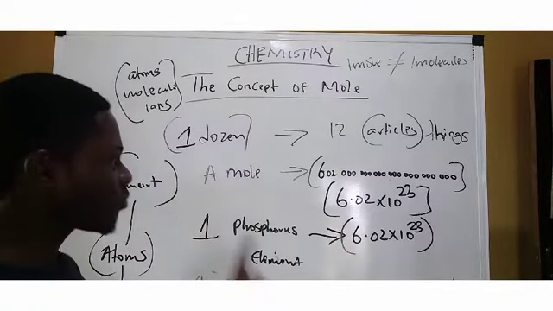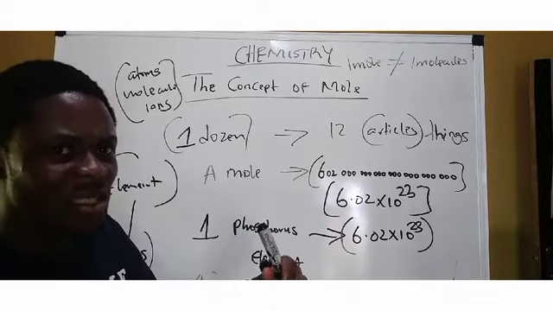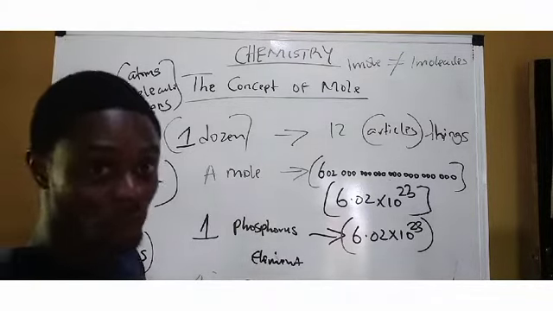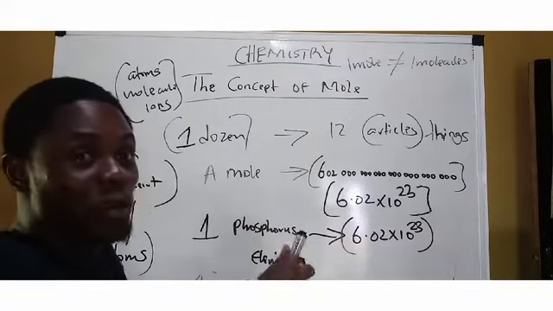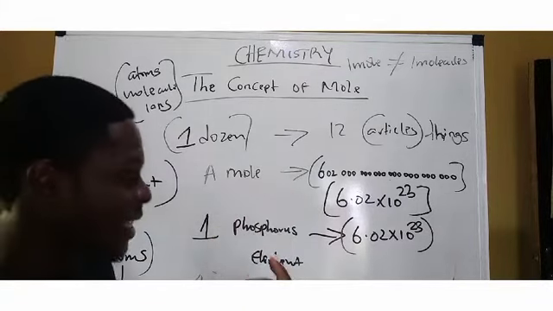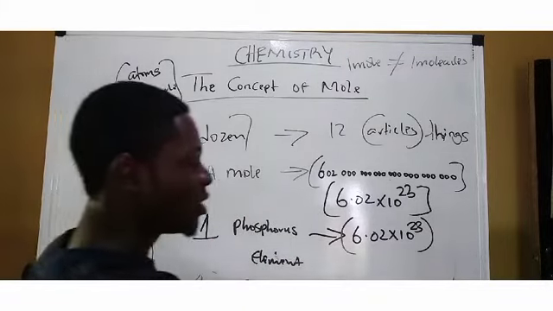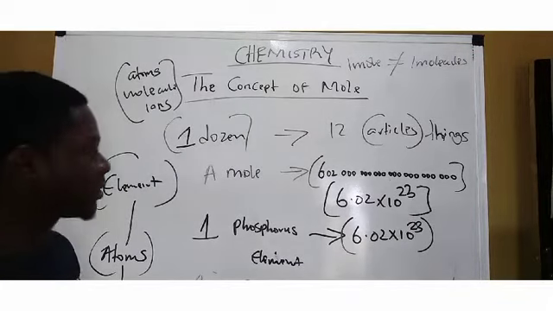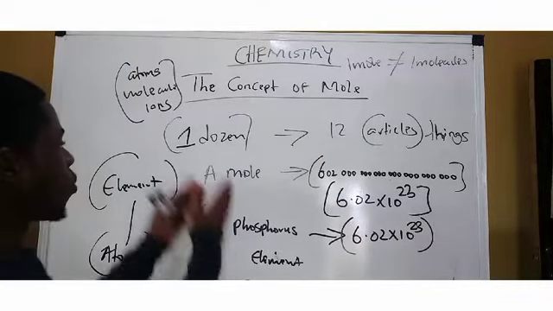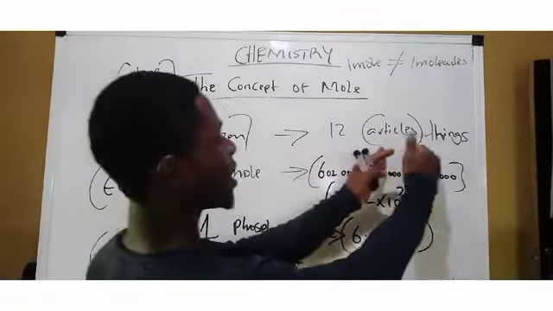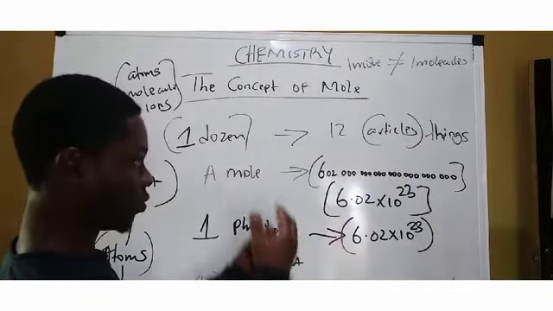With that being said, 1 mole of any substance is the amount of that substance that contains as many elementary entities as this value. That's what 1 mole basically is, just as 1 dozen equals 12 articles of a particular thing.